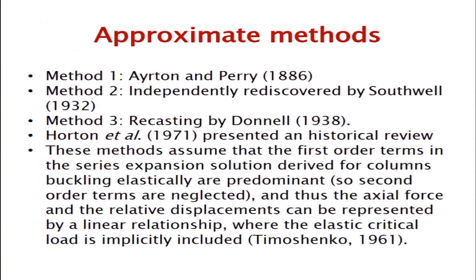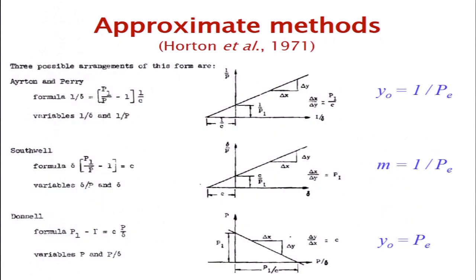And if you are in the elastic range, okay, and you look, for example, the original Ayrton-Perry formula is shown here, the Southwell is here, and the Donnell is here. All of these, okay, give you a straight line, and depending on what you're looking for, right?